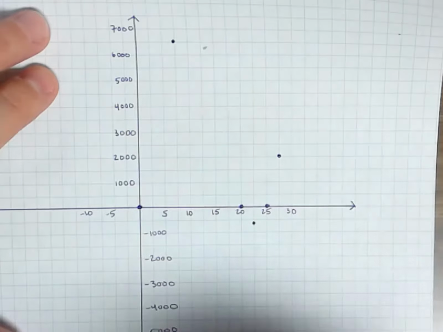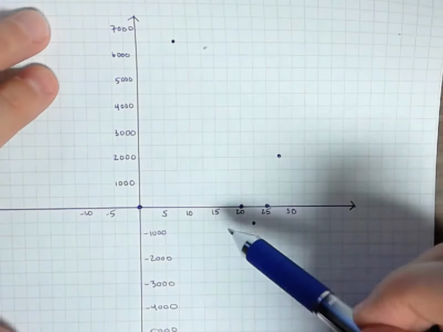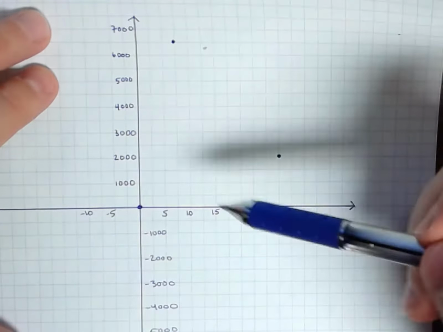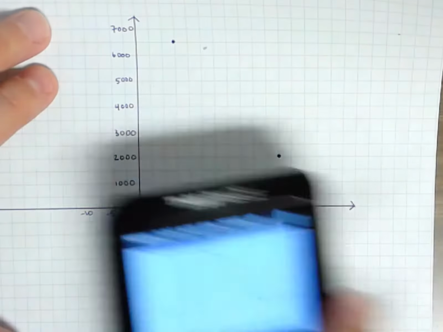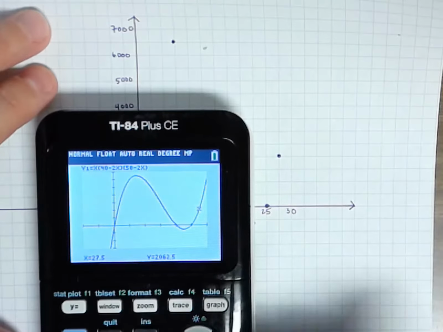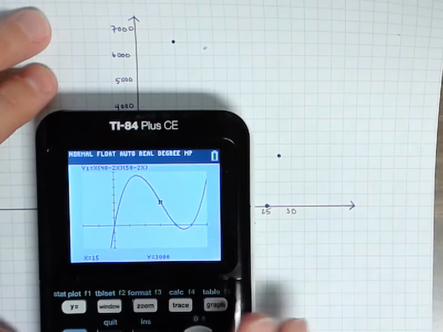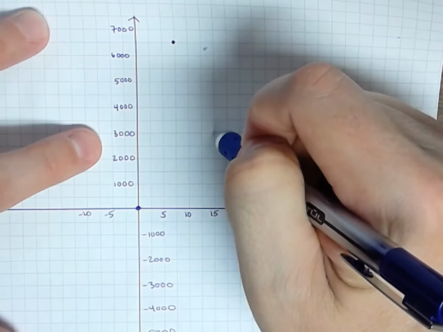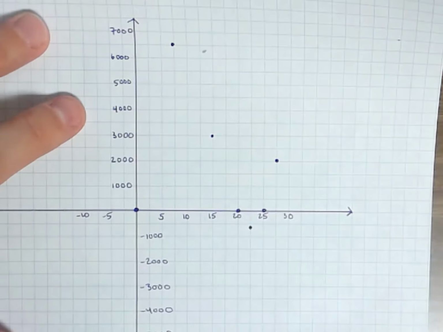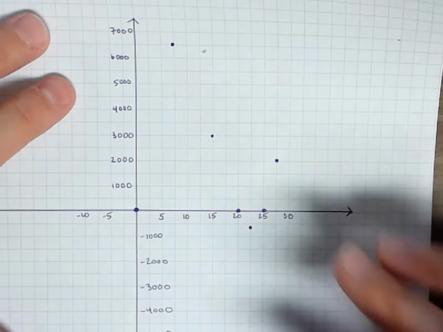You could get a few more if it helped you. In fact, maybe let's do that. Let's just go to like 15. So we have another value in between. And it's right at 3,000. That's kind of nice. So 15 is 3,000. I think that's pretty good.